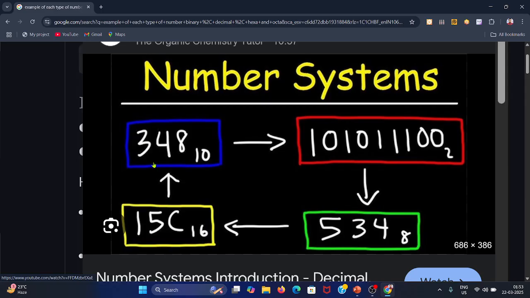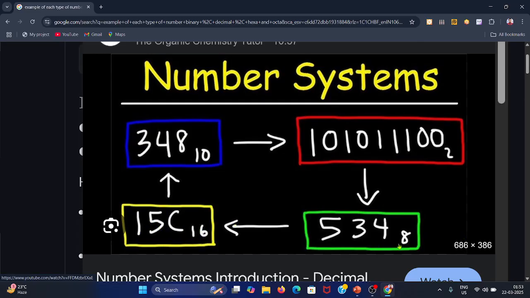Everything is within the range. After that, here you can see this is hexadecimal because the base is 16. So 1 we are considering as 1, 5 we are considering as 5. For C, A means 10, B means 11, C means 12. So 1 5, then the number was 12 and we have represented it using C. That is a hexadecimal number representation.